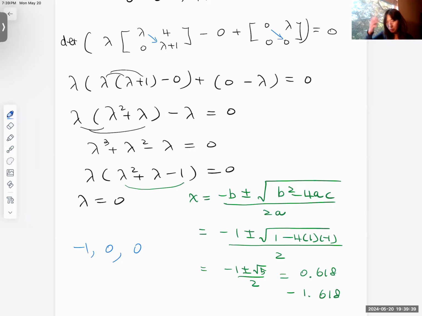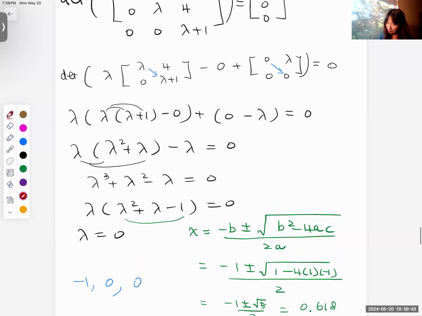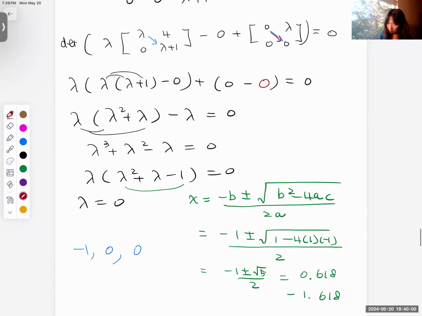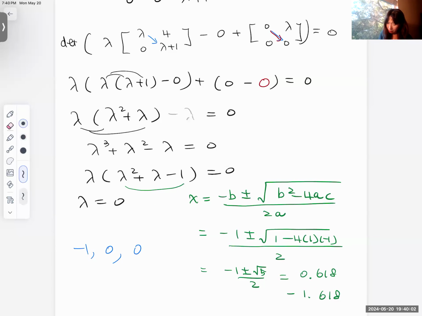Okay, thank you, Robert, for pointing that out. So this is 0 minus 0, because this one is 0, right? Okay, 0. Then this is 0, this is 0. Then we get, let's do everything.